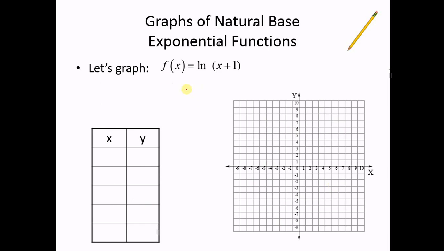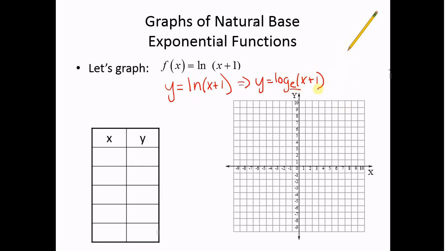So just like when we would try to graph the logs, we need to be able to graph ln. You can't really graph ln, you're going to graph e's. So we have y equals natural log of x plus 1. So this is technically y equals log base e of x plus 1, right? So now let's convert to exponential.